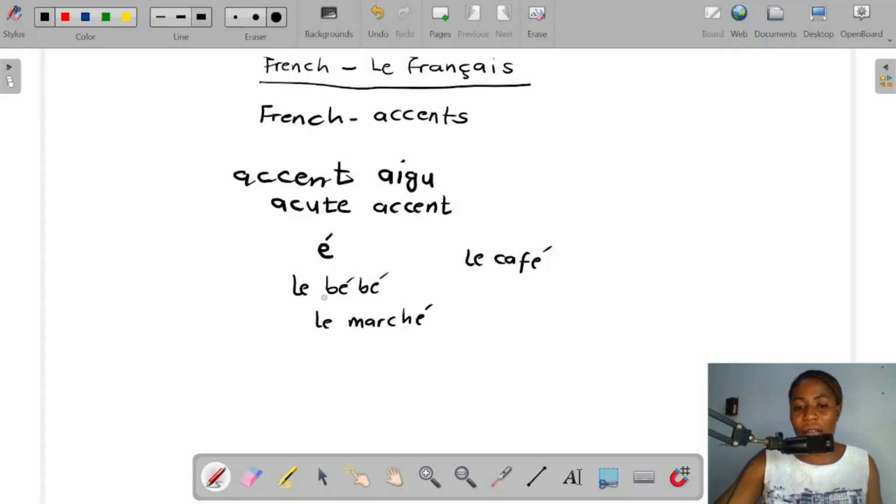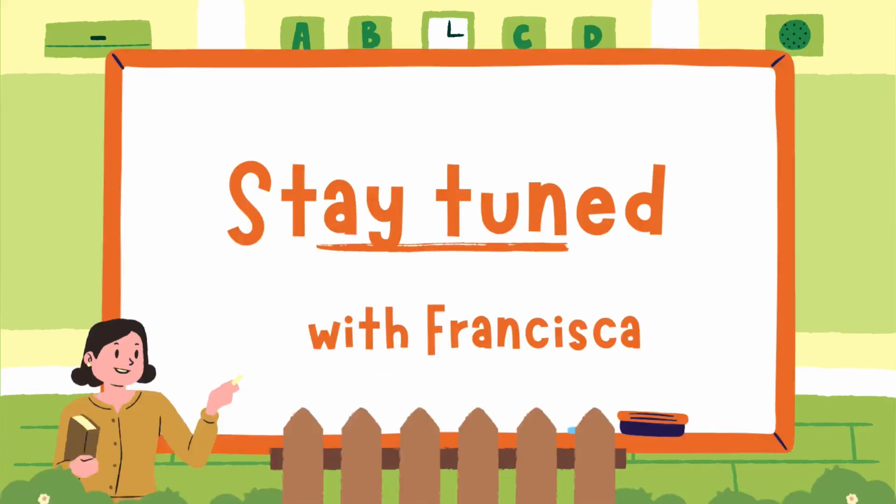Some of the examples I have on the board are le bébé, le marché, le café. Très bien. You have to get familiar with them, so that when you see a word that has this accent, you will be able to use them very well. All right, let's go to the next accent, and you get familiar with that one too.